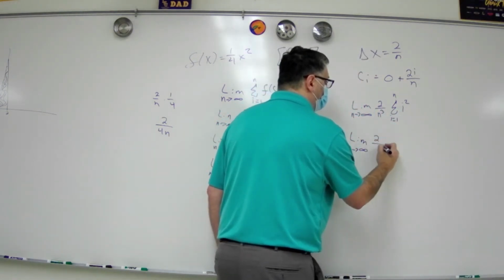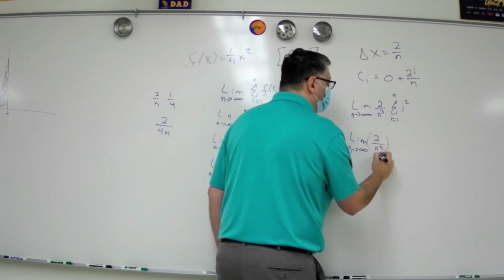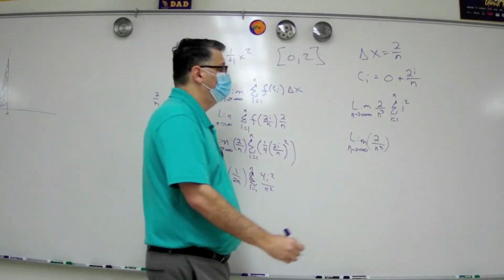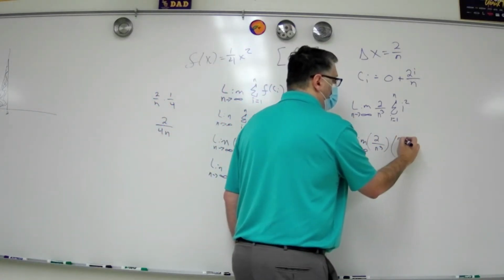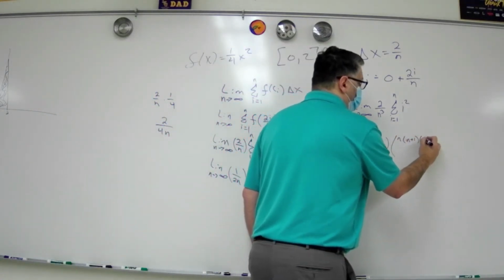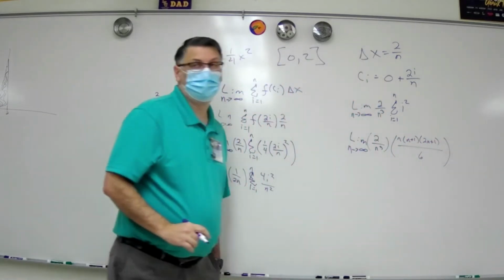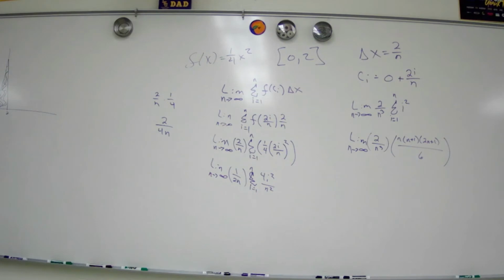So I still have my 2 times n cubed. What's my formula for the sigma of i squared like this? Was it that? Yes, all of a sudden now my sigma is gone.